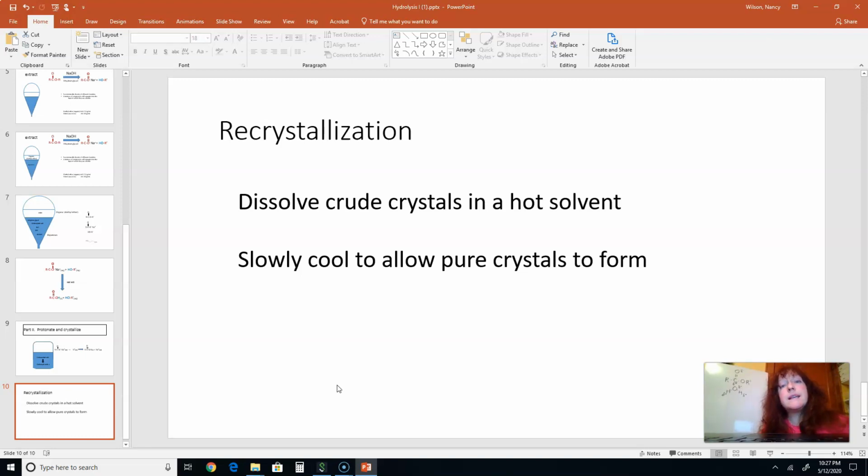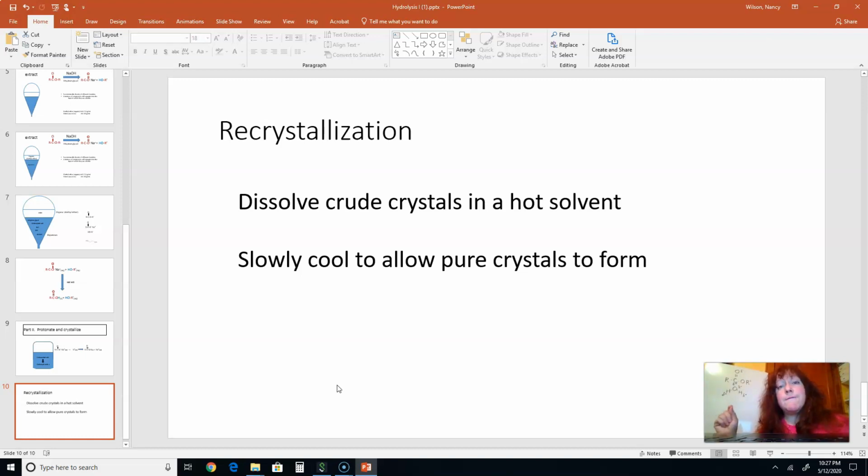And what happens as they cool is the pure crystals are the lowest energy conformation that could be achieved. If an impurity were to get trapped in there during the equilibrium between crystallizing and being in solution, that impurity would get kicked out and leave just the pure crystals.